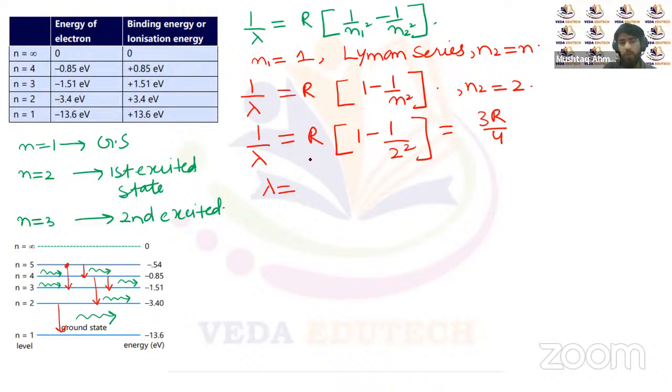So 1 upon lambda is equal to 3R upon 4, and lambda will be 4 upon 3R. This is the wavelength of the emitted radiation.